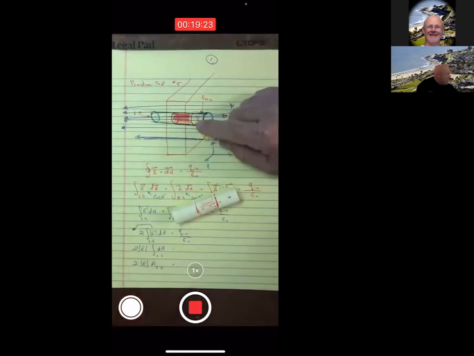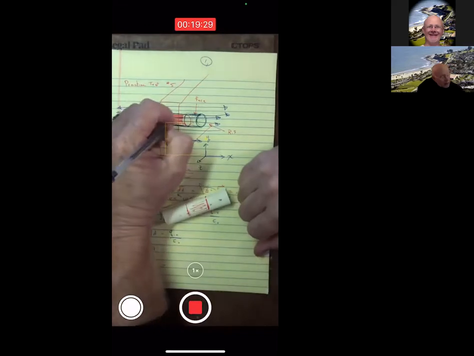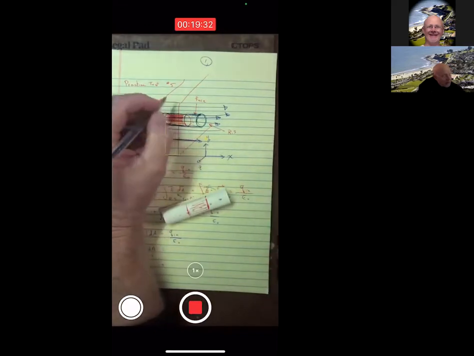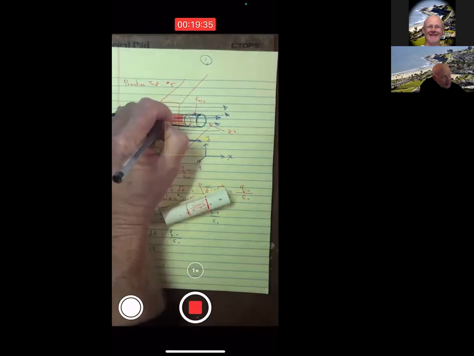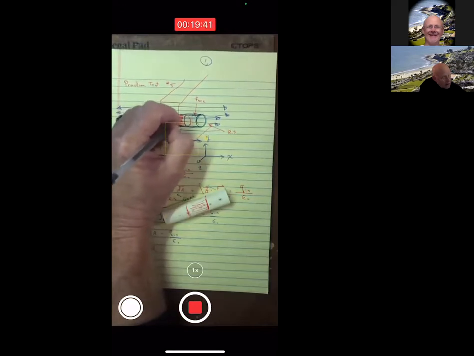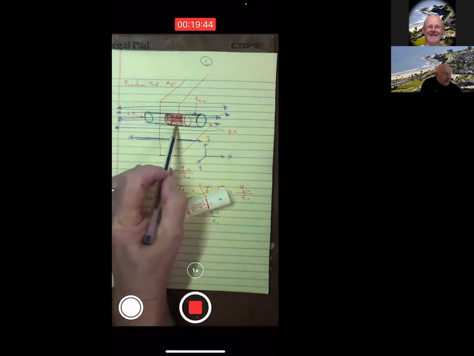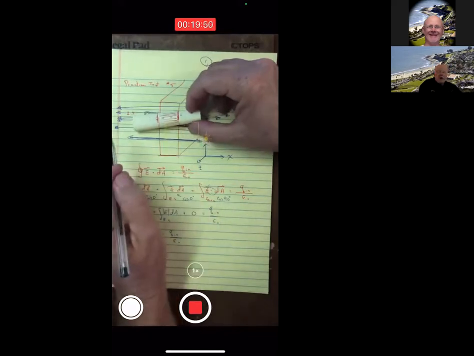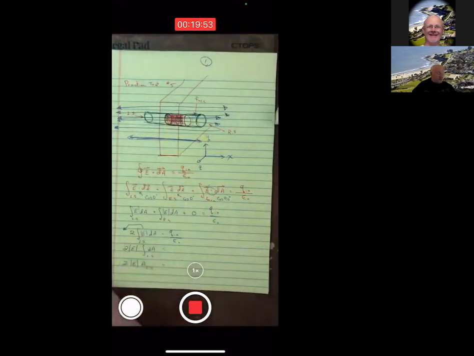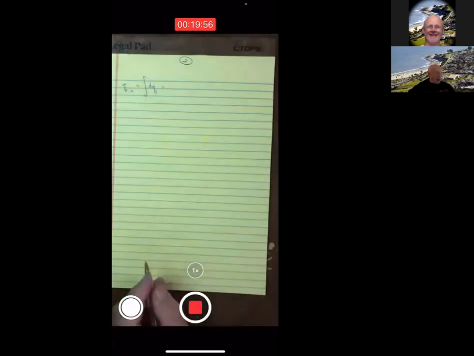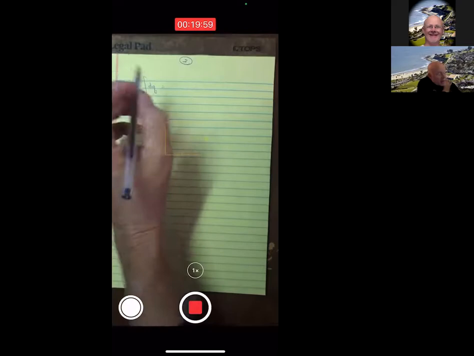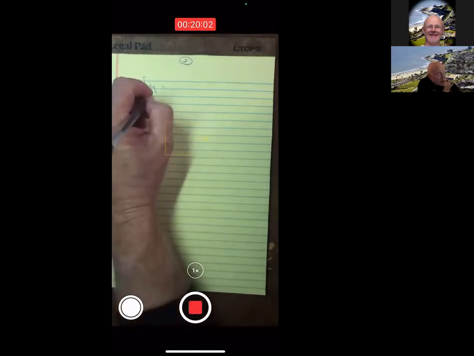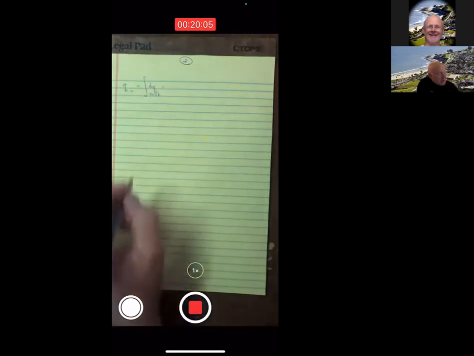Now, if I go back to my drawing, and I wonder if blue will stand out here. I could imagine then maybe taking a disk of charge and another disk and another disk and another disk and add up a bunch of disks, and I would get the total amount of charge in here. So when I go back here to page 2, I'm really saying, what would be the charge in a disk?